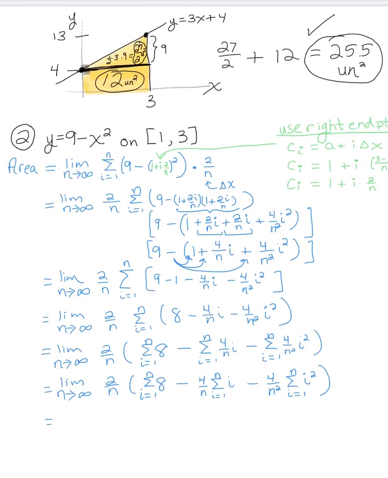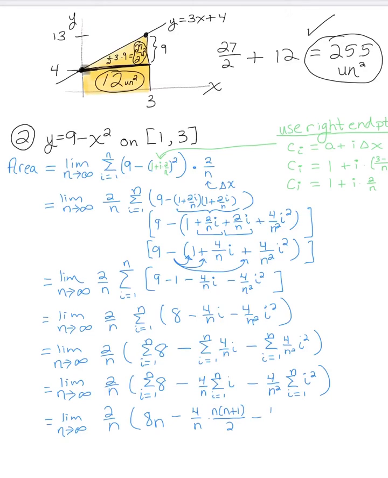And now we get to apply our sum formulas from the beginning of this section. So the sum of a constant is that constant times n, and then minus 4 over n times the sum as i goes from 1 to n, the sum of i, that was our n times n plus 1 all over 2.